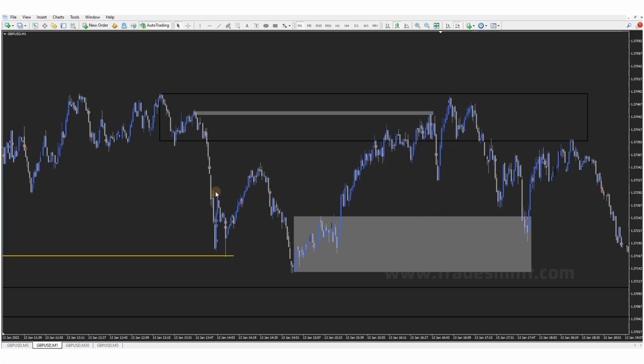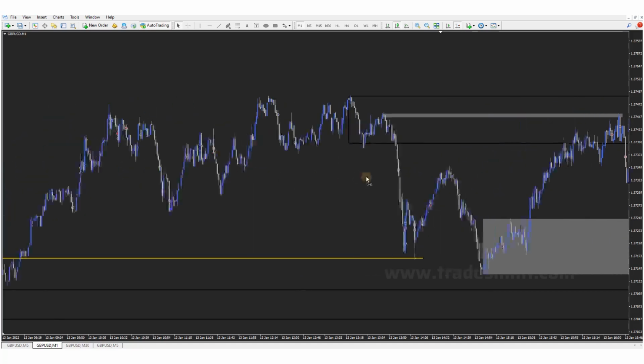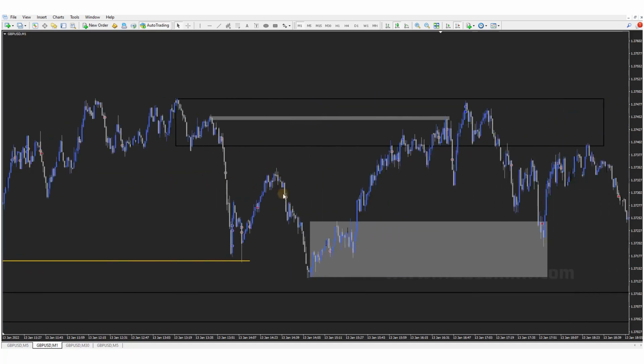I prefer, of course, to use the footprint chart, but by marking this on the candlestick chart, I can see more. I can see the whole history, and I don't need to move my footprint chart to the left or right all the time to find the imbalances. So when price is coming closely to my marked imbalance, I'm controlling this on footprint to see the behavior, how the orders come, and if the volume is decreasing.